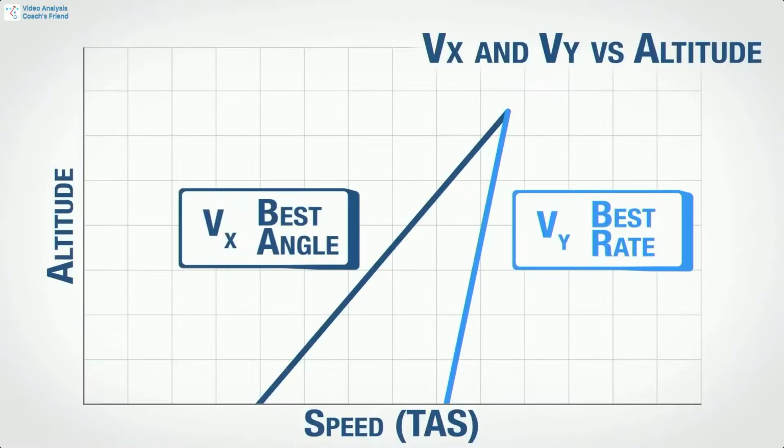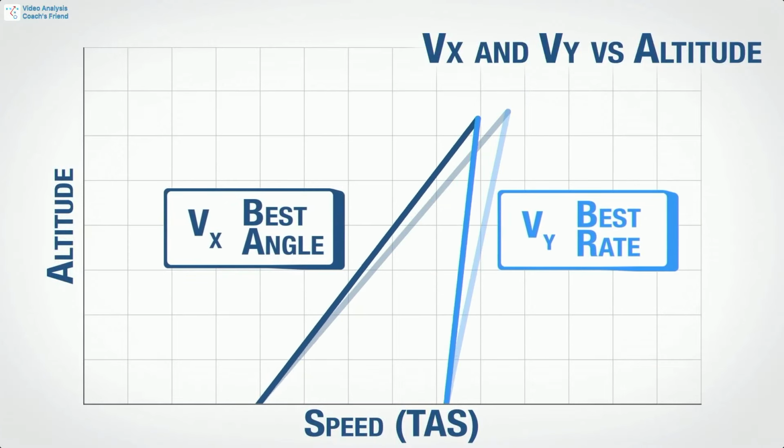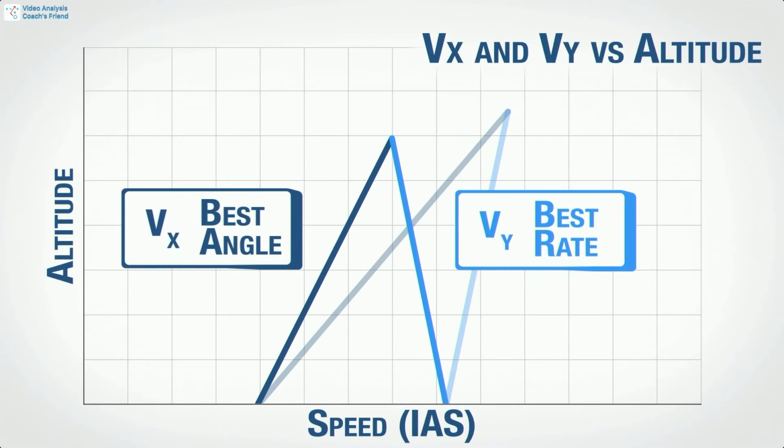So now we need to transform those lines, okay? Yes, Vx and Vy both get faster in terms of true airspeed, but now we have to factor in that indicated airspeed looks slower and slower for a given true airspeed. So as we do this, let's play this forward, and you're going to see that line shift back. The faded color is the true airspeed line.